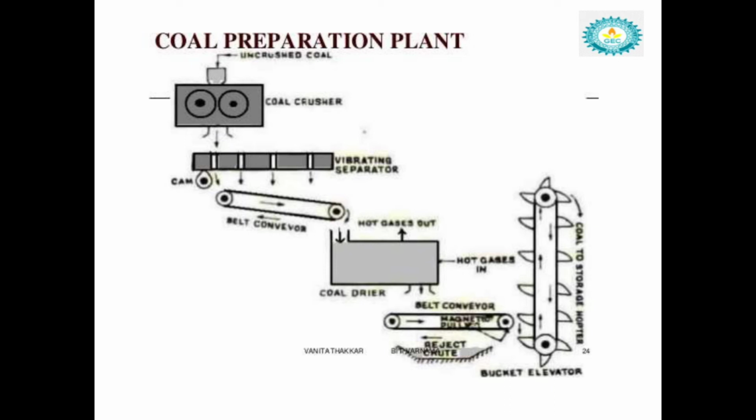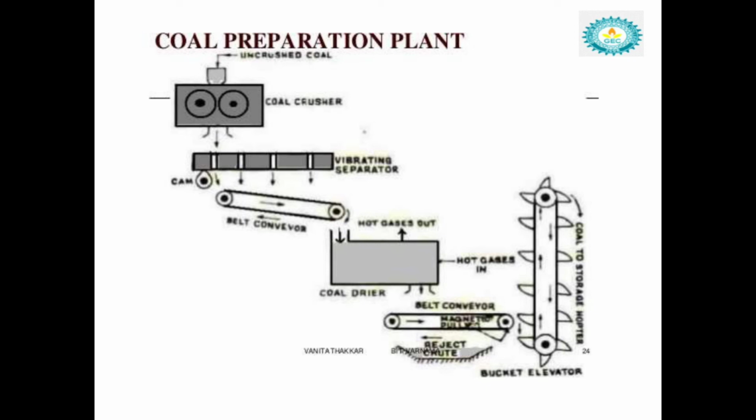After crushing, the coal falls down on the vibrating separator. The vibrating separator vibrates with the help of a cam. In the vibrating separator, we eliminate the bigger size coal.